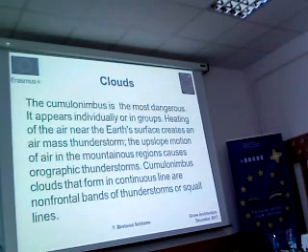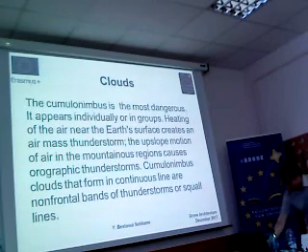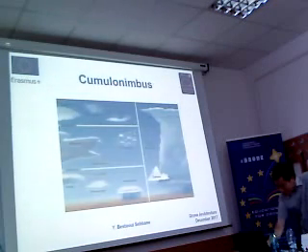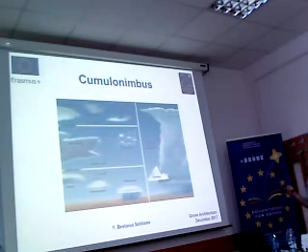The clouds also affect our drones. The cloud is created from the air near the Earth surface, and it will create an air mass in a thunderstorm. So you can see these are the clouds.